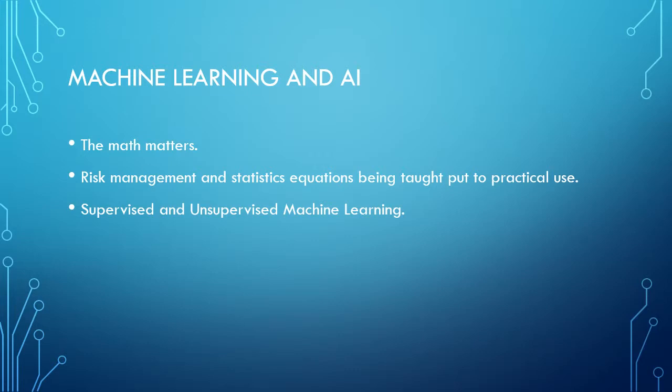A couple of notes about AI and machine learning. Artificial intelligence is the result of machine learning with predictive capabilities. There are notable differences in supervised and unsupervised machine learning, and understanding that is important.